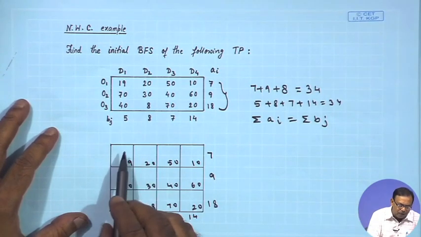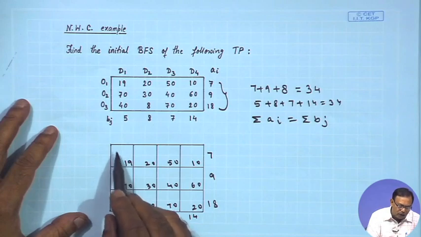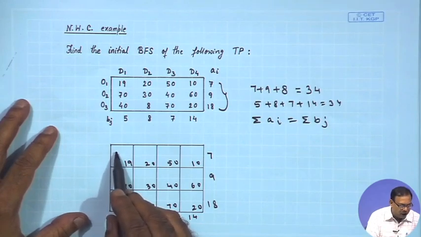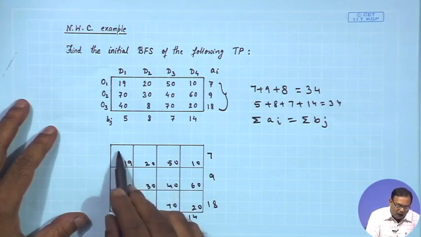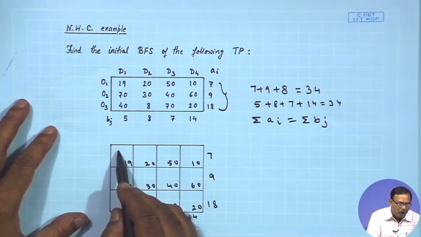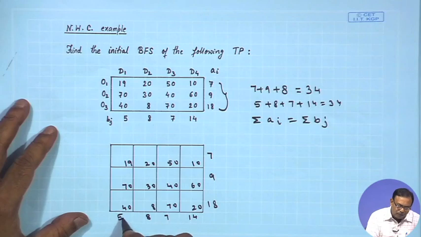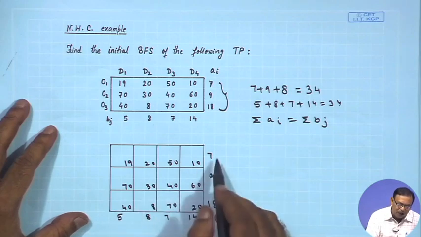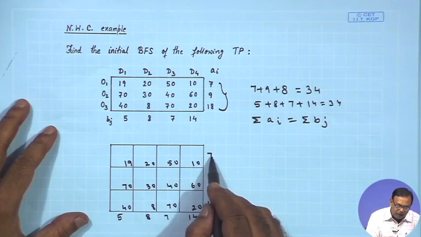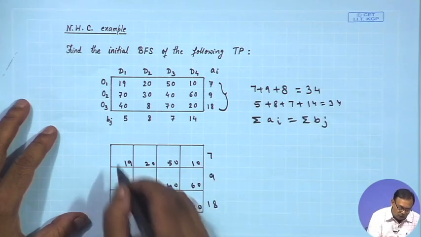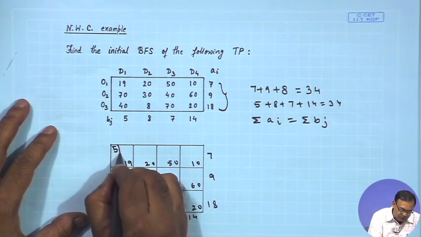So, you start from the northwest corner, that is you start from here and proceed this way one after another. In this case this value is 5 and this value is 7. So, the minimum of A_i and B_j is 5. So, allocate 5 to this cell.